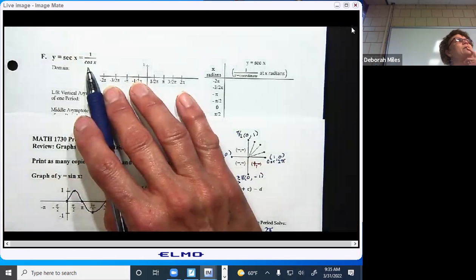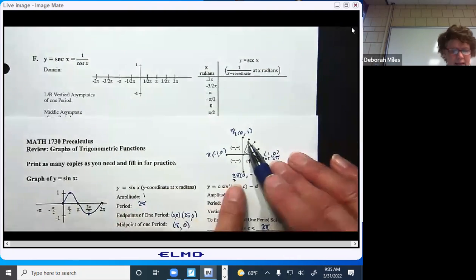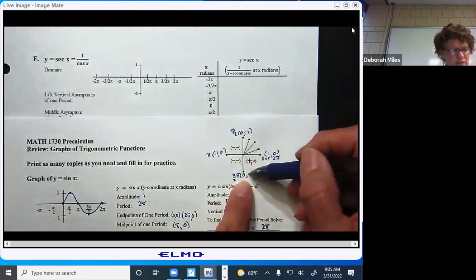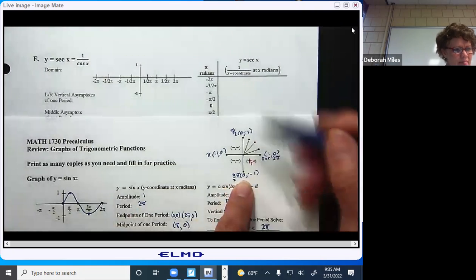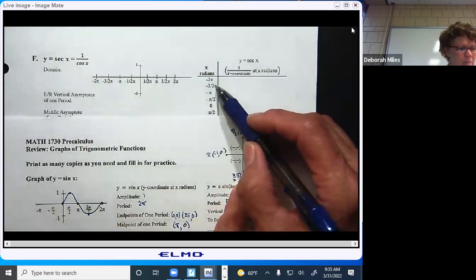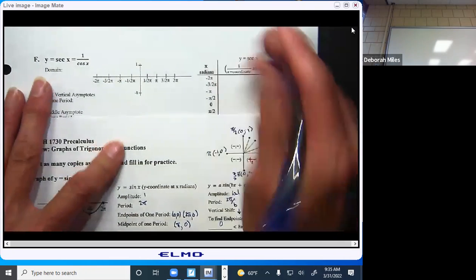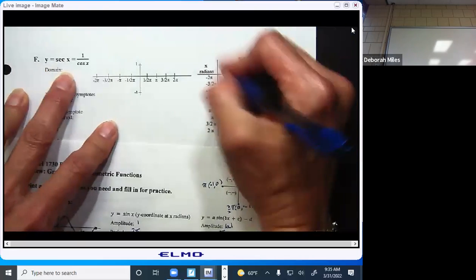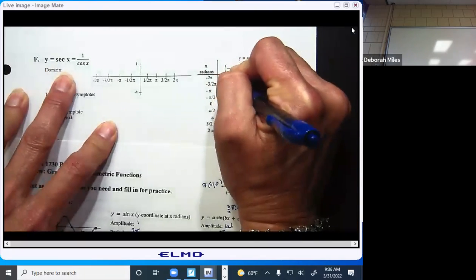Is cosine 0 at your half pies or your whole pies? Yep, cosine is 0, x is 0, at your half pies. So I already know that at all the odd half pi radians, secant is going to be undefined.